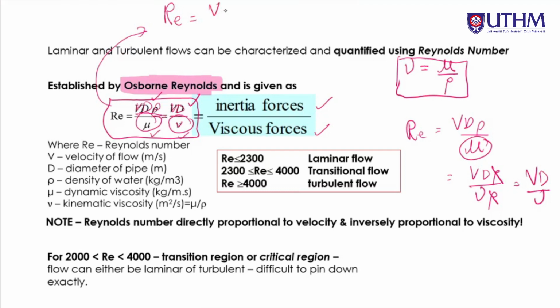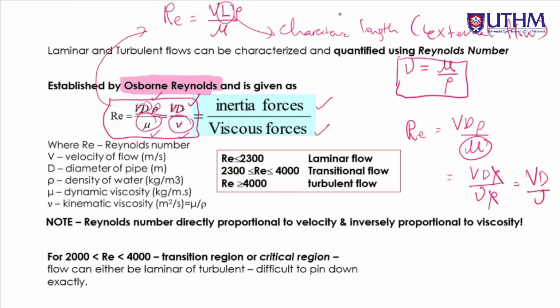And then kita ada, instead of diameter, sebab bila kita kata external flow, kita ada the characteristic length. Kita panggil characteristic length times density over this dynamic viscosity. Yang ni adalah berbeza. This is the characteristic length for external flow lah. Yang ni just knowledge tambahan untuk you guys.